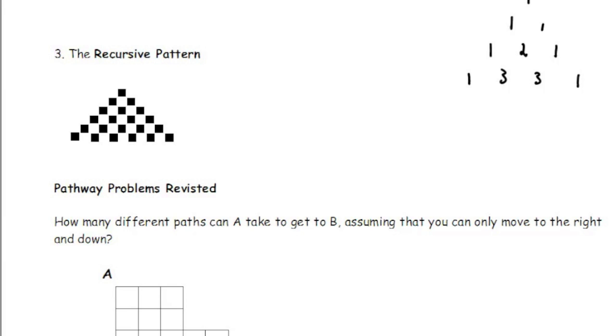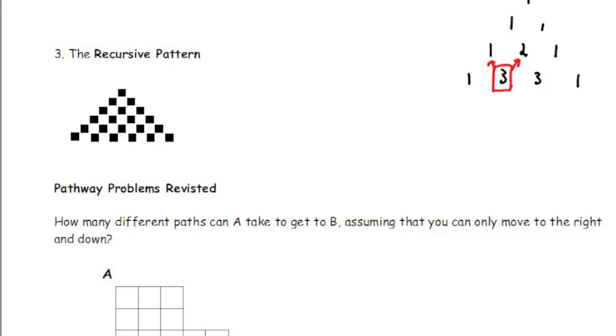So that's just the first 4 rows, counting that the first row is row 0. Now, if we take a look at this value right here, when we talk about the recursive property, what we mean is that it is actually the sum of 2 previous terms. So check this out.